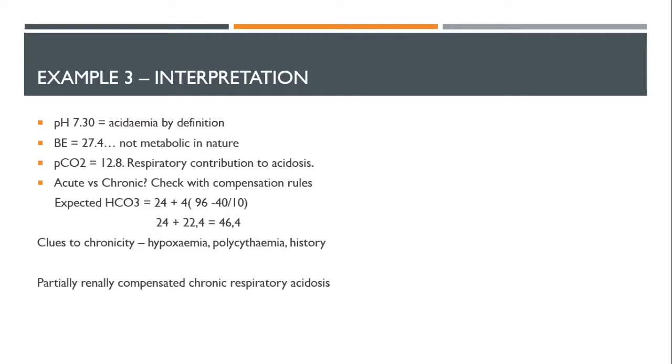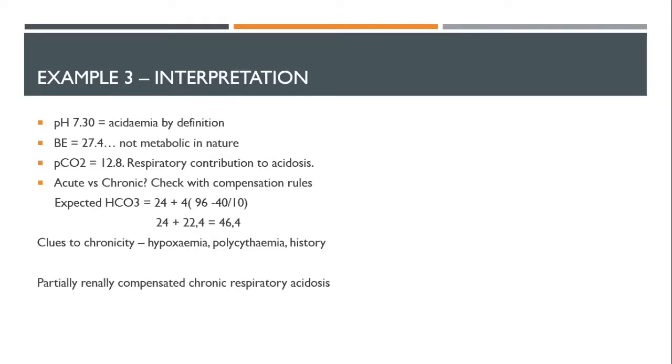And we can use the compensation rules to try and ascertain if this is a chronic or an acute situation. And calculating her expected bicarbonate for a chronic respiratory acidosis, she should have a bicarb of 46.4, and the reported bicarb is 50. So the likelihood here is that this patient has a partially renally compensated chronic respiratory acidosis.